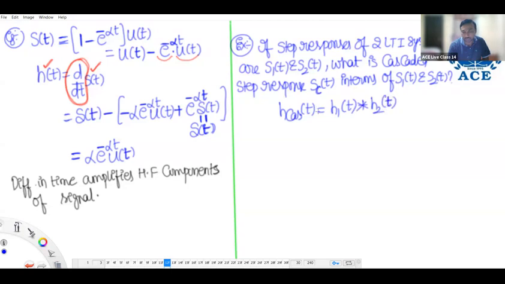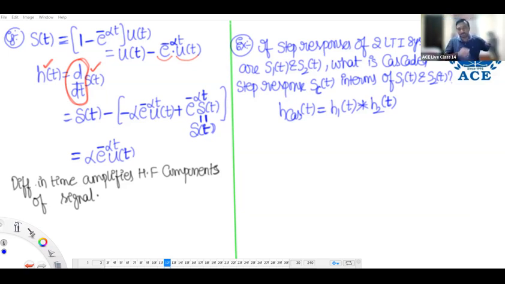Now my question is, what is the cascaded step response in terms of S1 and S2? Think of it and answer me.